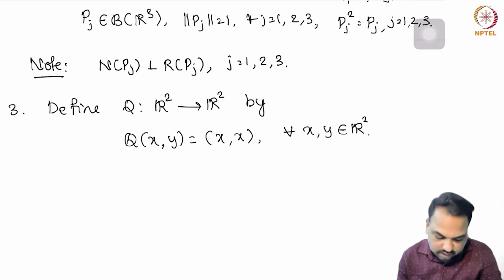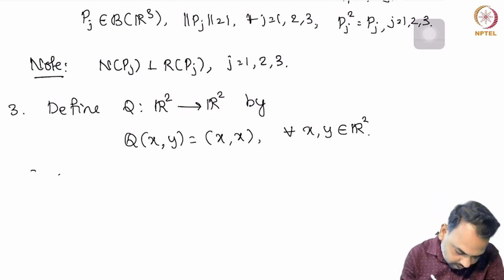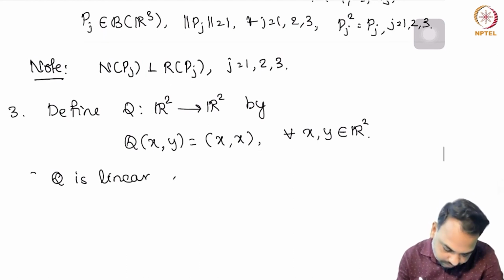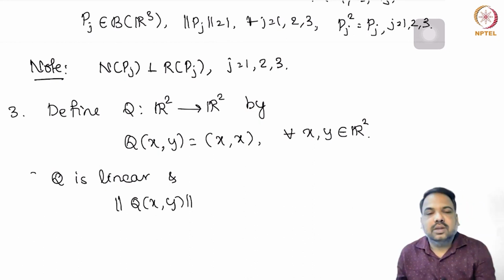We can easily check that this is a linear map, and we can also check that this is bounded. So Q is linear, that is very clear.